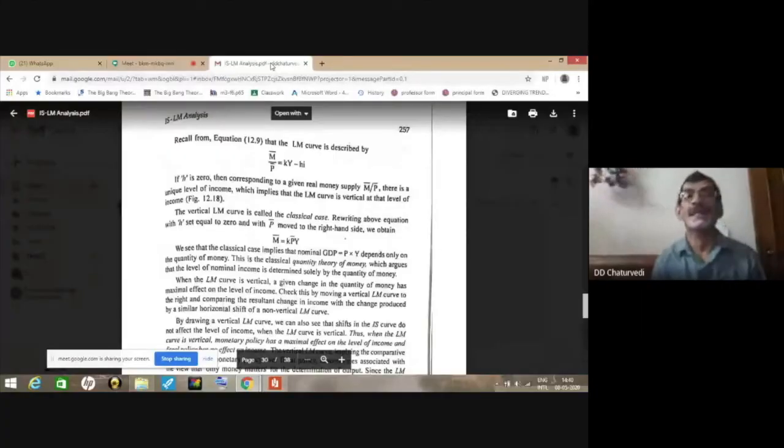The LM curve is defined by M bar divided by P bar, which is equal to KY minus Hi. Here the first portion of the right hand side shows the transaction demand for money, wherein we find a positive relationship between the level of income and the transaction demand. The second part shows the negative relation between the rate of interest and the speculative demand.